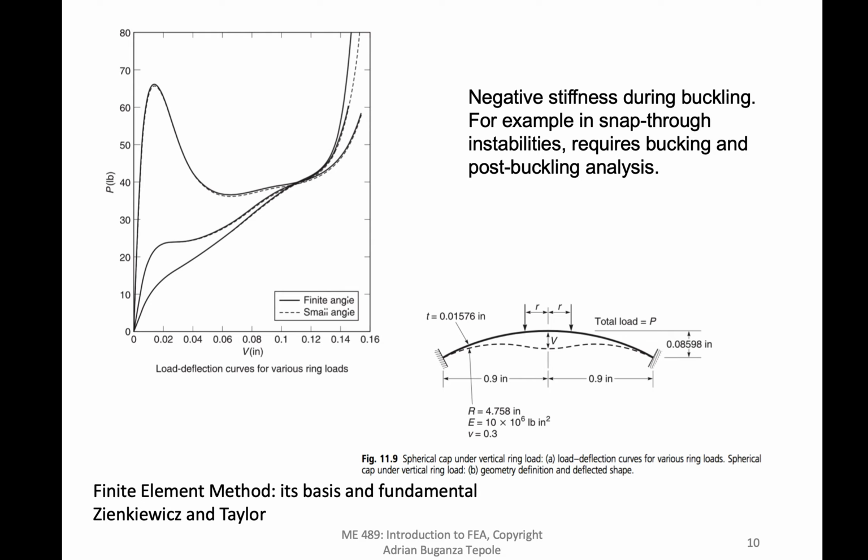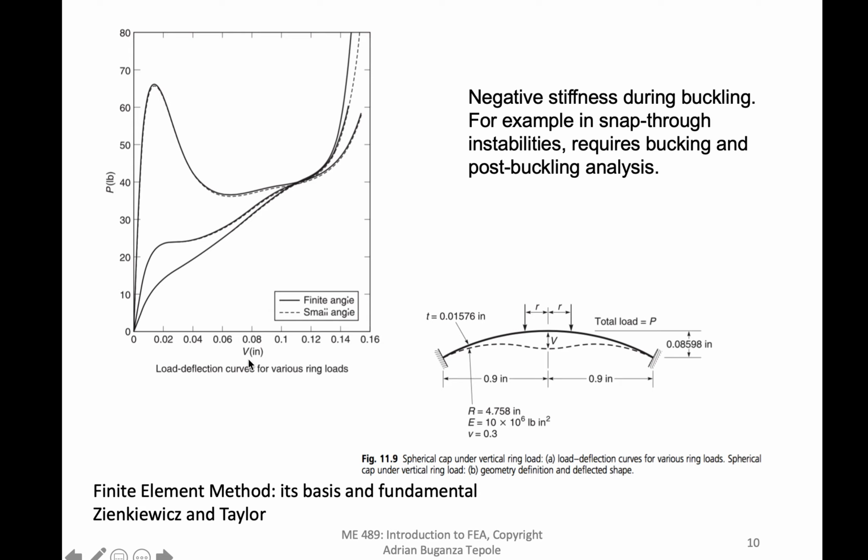I should have had this one up above, but this is what I was talking about when I was saying that there are instabilities where the solution won't converge. This is the classical snap-through instability. You're applying a load on a beam, and at some point the beam will basically flip over to the other side. While this thing buckles, the load required for the deformation decreases.